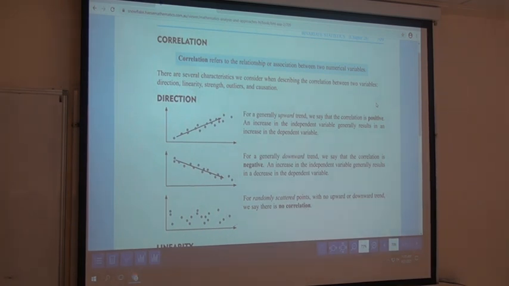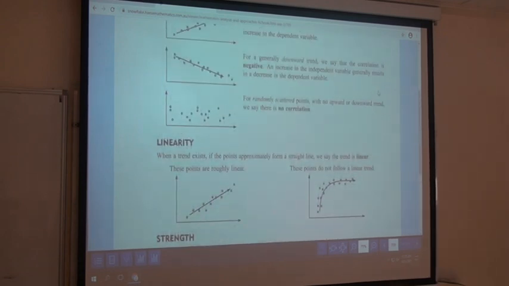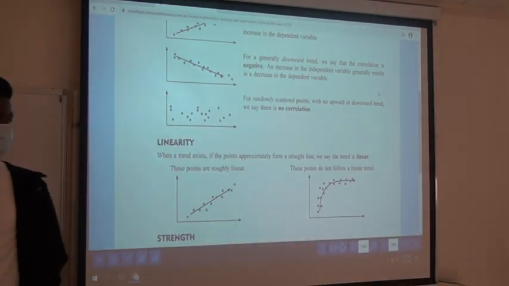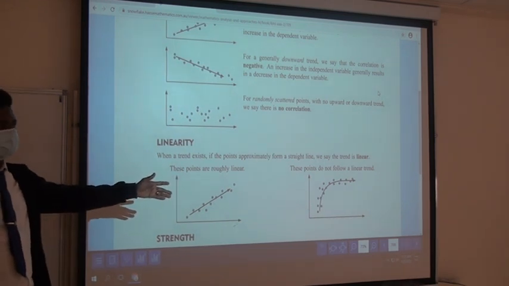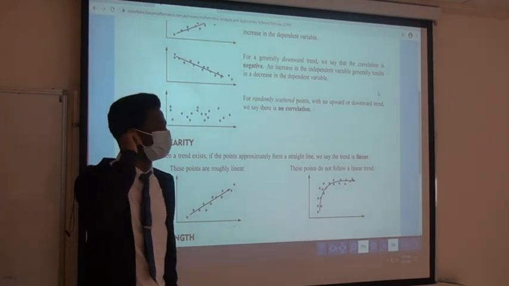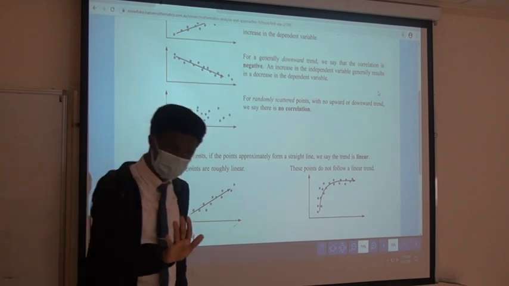There's another characteristic here: linearity. Of course, for this level, you are only going to deal with linear correlation. You are not dealing with non-linear. So linearity, which is why we can only talk about line of best fit, a line, not a curve, for this level.